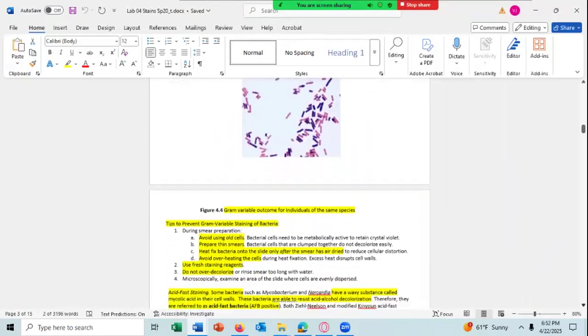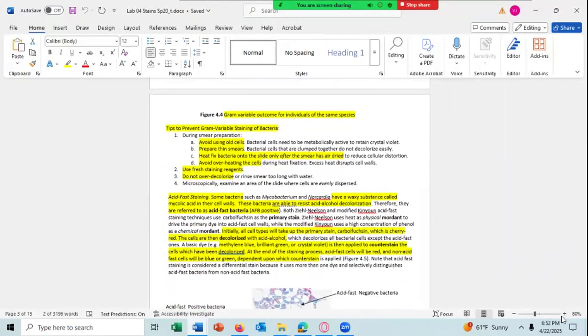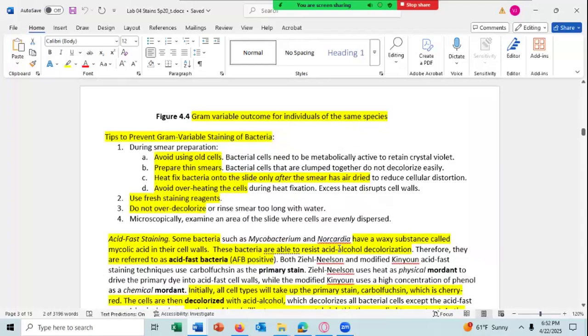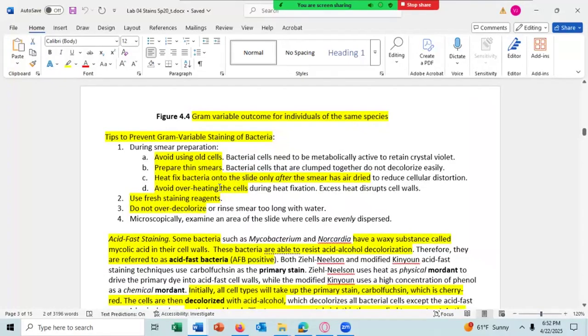All right. So some tips for doing the gram stain. Let me blow that up so I can actually read it. Avoid using old cells. That's the number one tip. Prepare a thin smear. If you have a thick smear, it'll have trouble getting the crystal violet all the way through the cells down to the bottom cells.